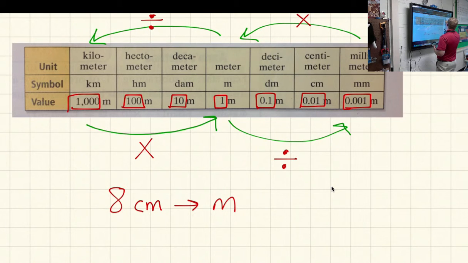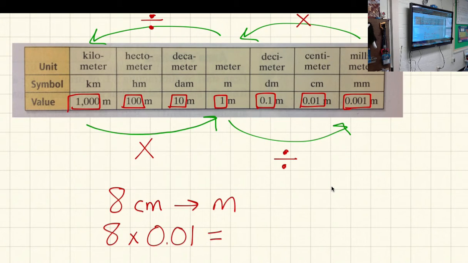So I'm in this part of the chart. Now it's telling me to multiply by the number from this box. So what would I do to this 8? I would multiply it by 0.01.